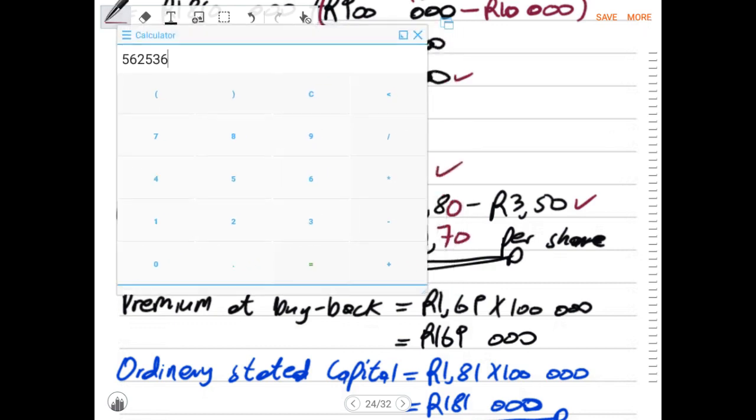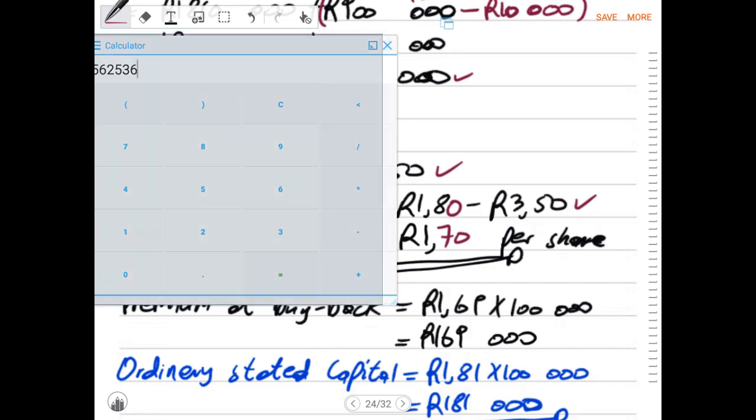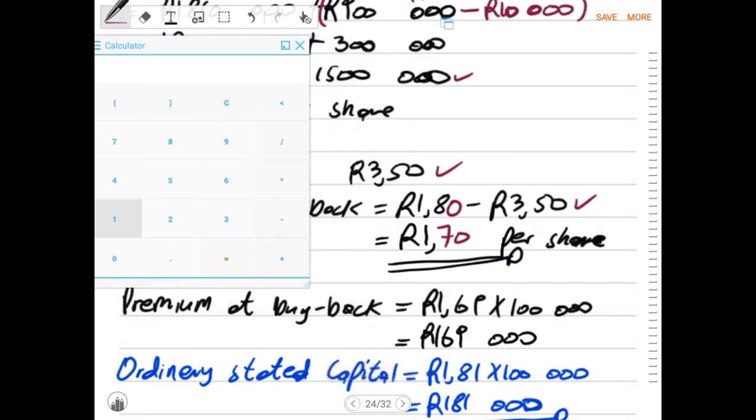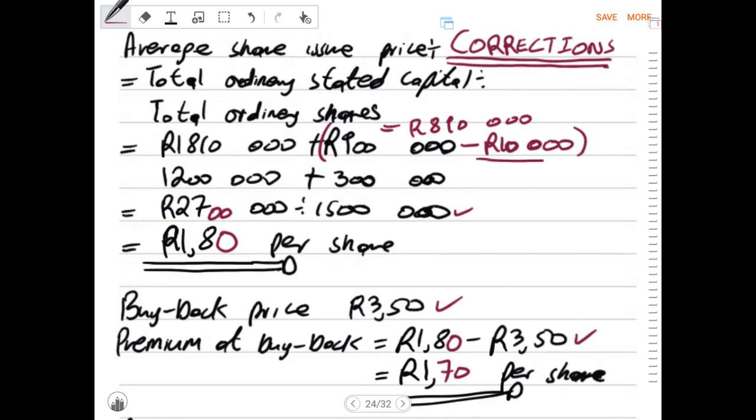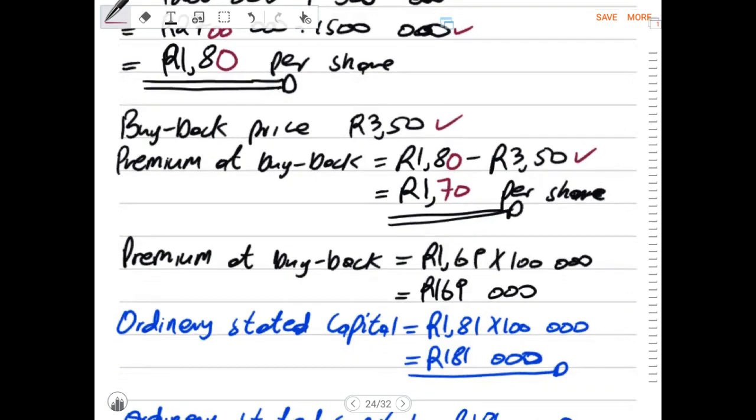Let us confirm that. We do that by saying 1.80 minus 3 rand 50. Then this gives us 1 rand 70 as the premium. That means our premium will go up by 1 rand, and our average share issue price will be 1 rand 80. I'm just making that adjustment, which comes from the 10,000 of the share issue cost, because share issue costs get deducted from the ordinary stated capital.